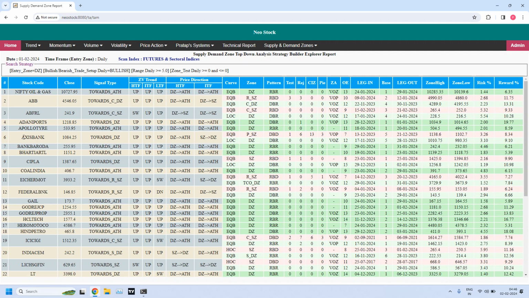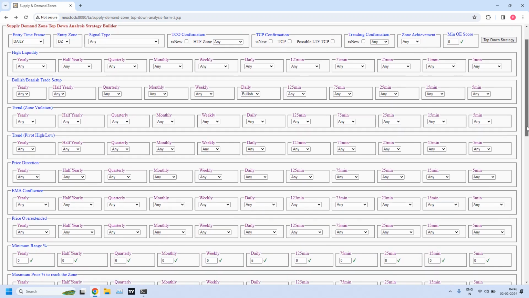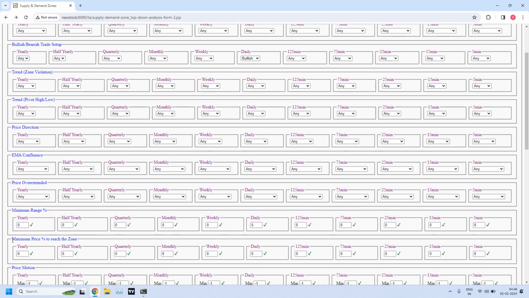So that is the reason why we will go back to this supply demand zone top-down strategy builder. There we have a parameter called maximum price percent. Look at this close to the bottom: the maximum price percent to reach the zone. That means before the zone, what is the percentage you are looking for?